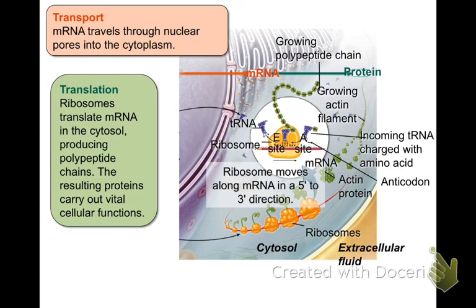They come into the A, except for the first one, which comes into the P, moves through, and exits through the E, dropping off those amino acids until I get to a stop codon, where hydrolysis occurs between that tRNA and the amino acid. Now I've got this polypeptide that is probably going to be a subunit of some major protein, okay? That will cover translation.